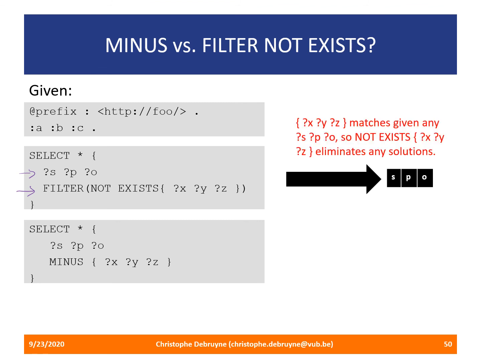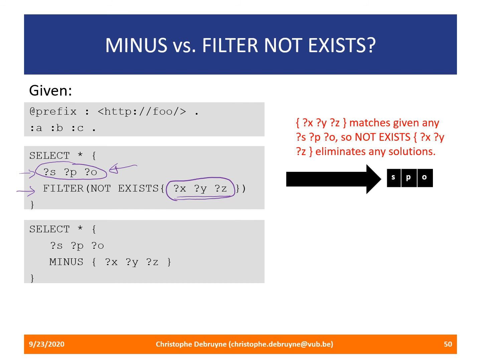Why is that? Well, X Y Z matches any pattern. While this one corresponds with A B C, this one also corresponds with A B C, and therefore this solution, A B C, for this query pattern has been removed. So it eliminates any solution.